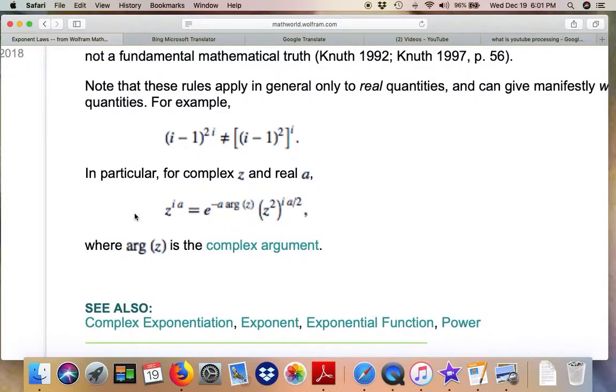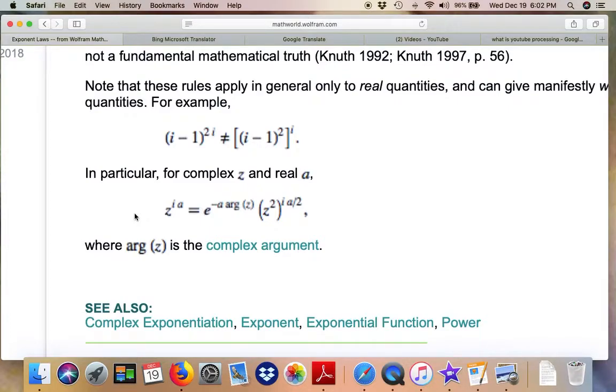In particular for complex z and real a. And then we have z to the ia. That's z as a complex number to the i times a. And then the a is a real number. Equals e to the, and that's a special number, and it's very important in calculus.